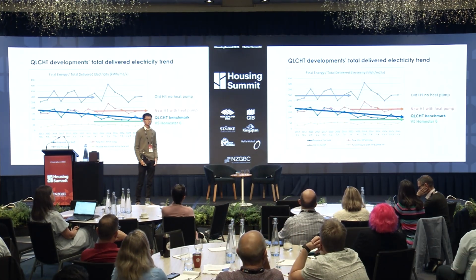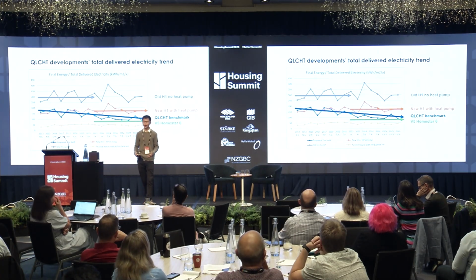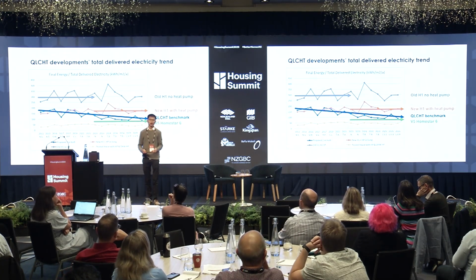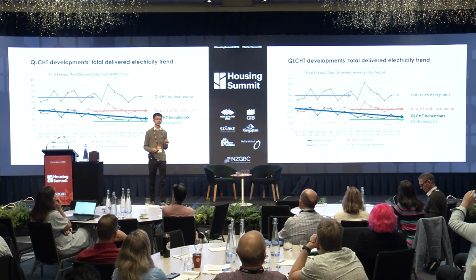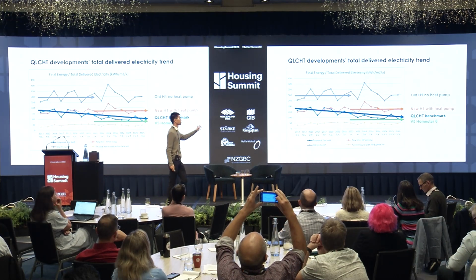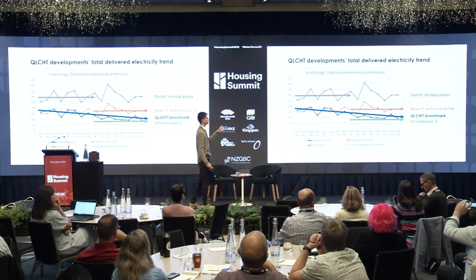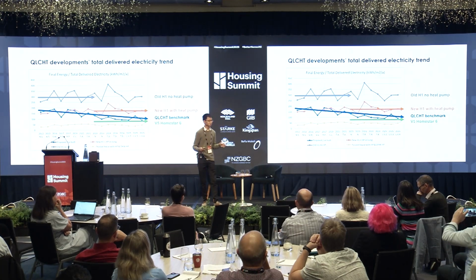So this is my last slide. I just want to acknowledge that where we are today didn't happen overnight. Our CE, Julie Scout, together with the board, have been making effort in the past 13 years. What we are looking at here is the final energy trend from our developments in the past 13 years.